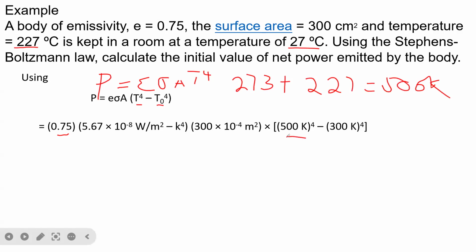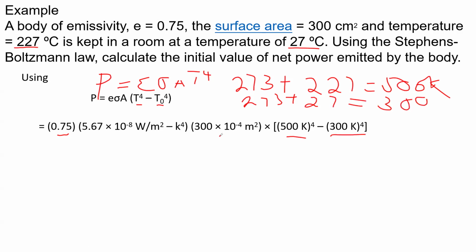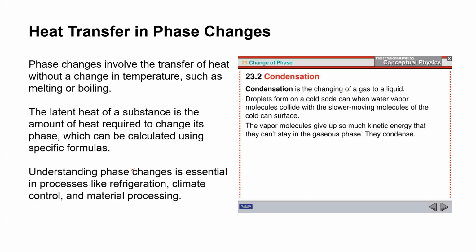For the temperature of the room, we add 273 with 27, and that will give us 300 Kelvin. After inputting all this into the formula, you use a calculator and you will find your final answer. So ladies and gentlemen, this is how to calculate radiation.